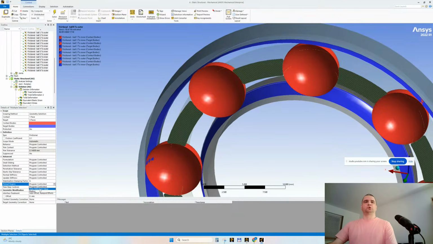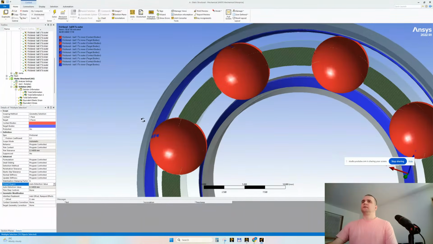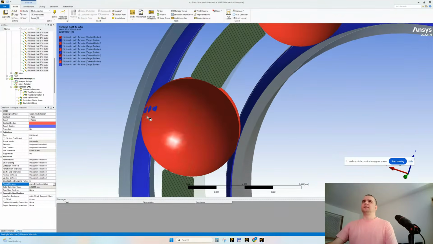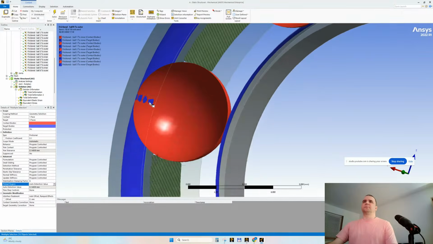Let's go for auto detection there. So you see it kind of feels the value. This is from the meshing. I don't think it's real.